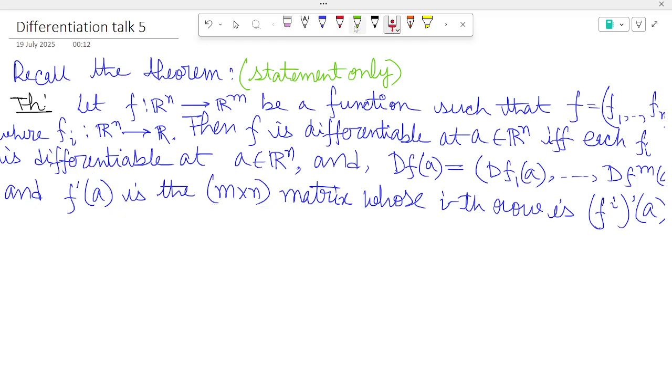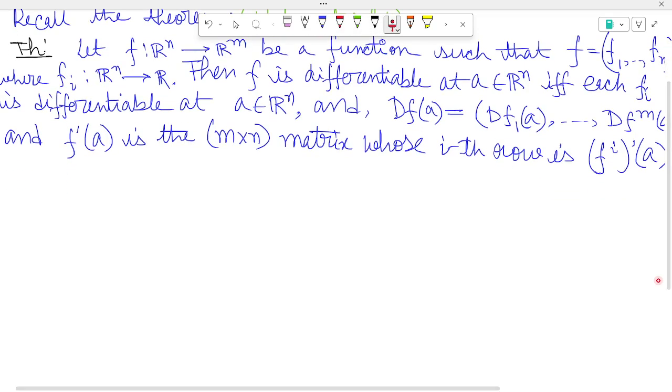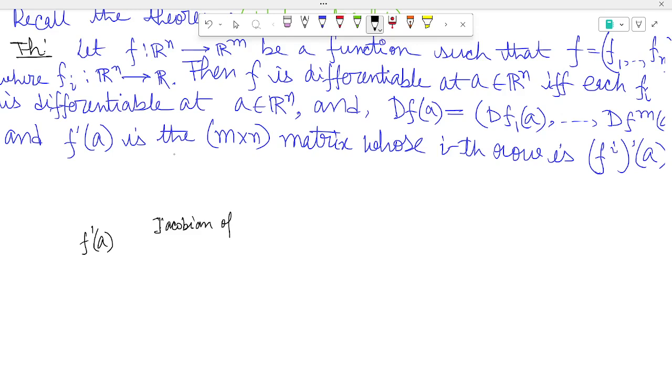Let me write it here. f dash a is the Jacobian of f. Since f is a map from Rn to Rm, f dash a will be a matrix of order m cross n.